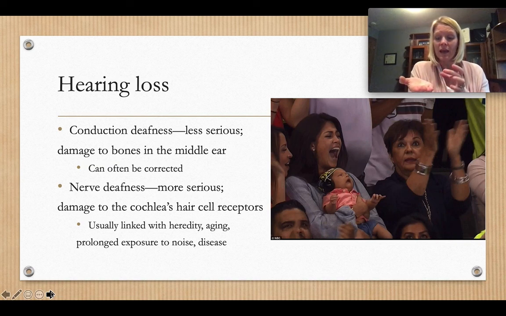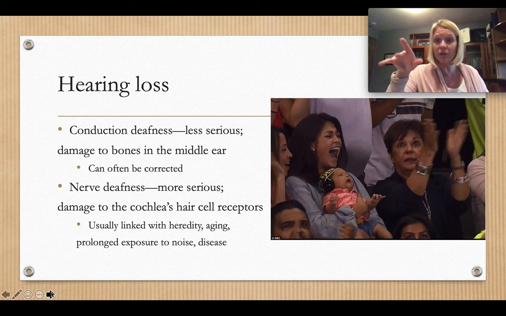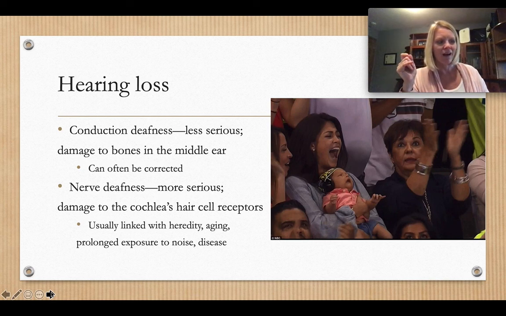Think about a real chunky boot heel, like a cowboy boot heel, stepping on the palm of your hand. Which one is probably going to hurt more? It's probably going to be the stiletto heel. And so we can sometimes think of those hairs as like little carpet fibers. And I'll give you a little image here in a second.